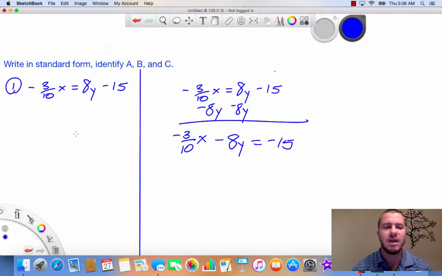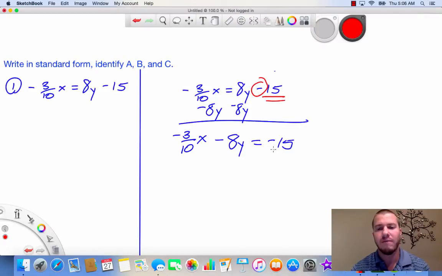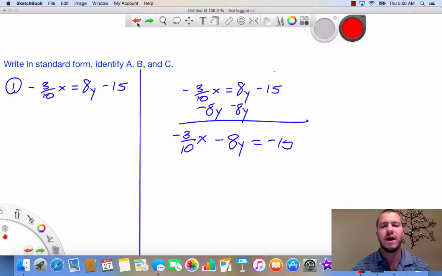It's key that you keep that negative there, because that negative goes to the number that's after it. So if you just write 15, it changes the equation. So make sure you bring that negative down with it.